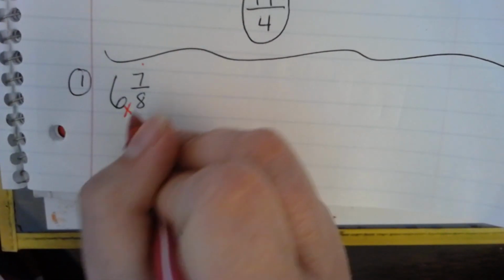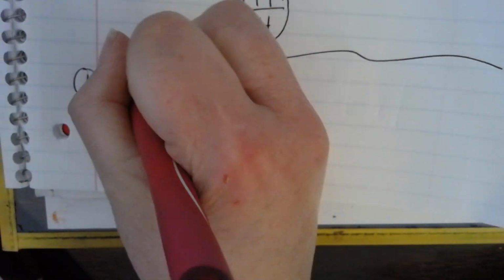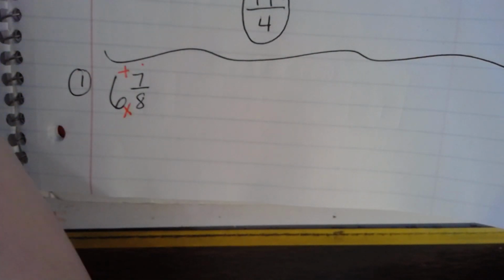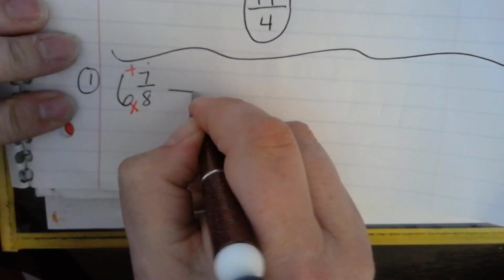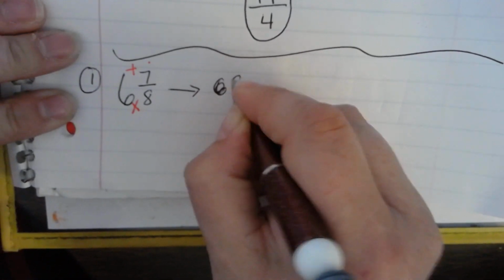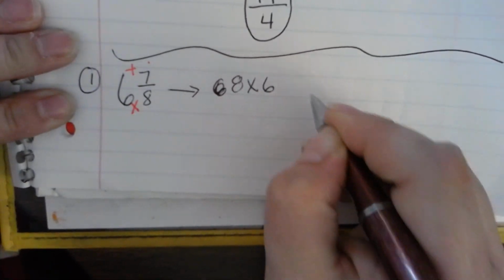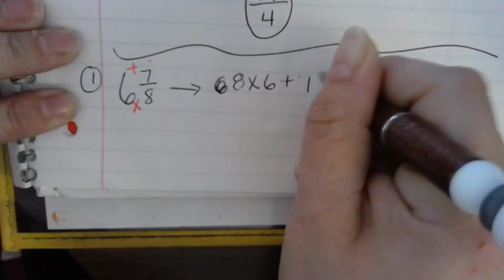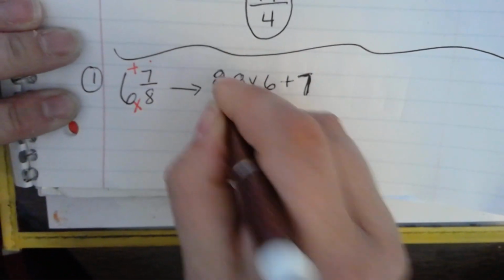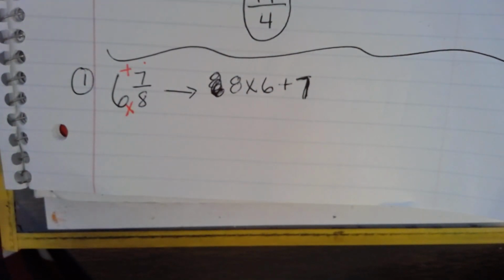I'm going to say 8 times 6, and then I will add the 7. So I'm going to write out what that looks like. It will be 8 times 6 plus 7. Now, this is what I want to know from you after you write that down.